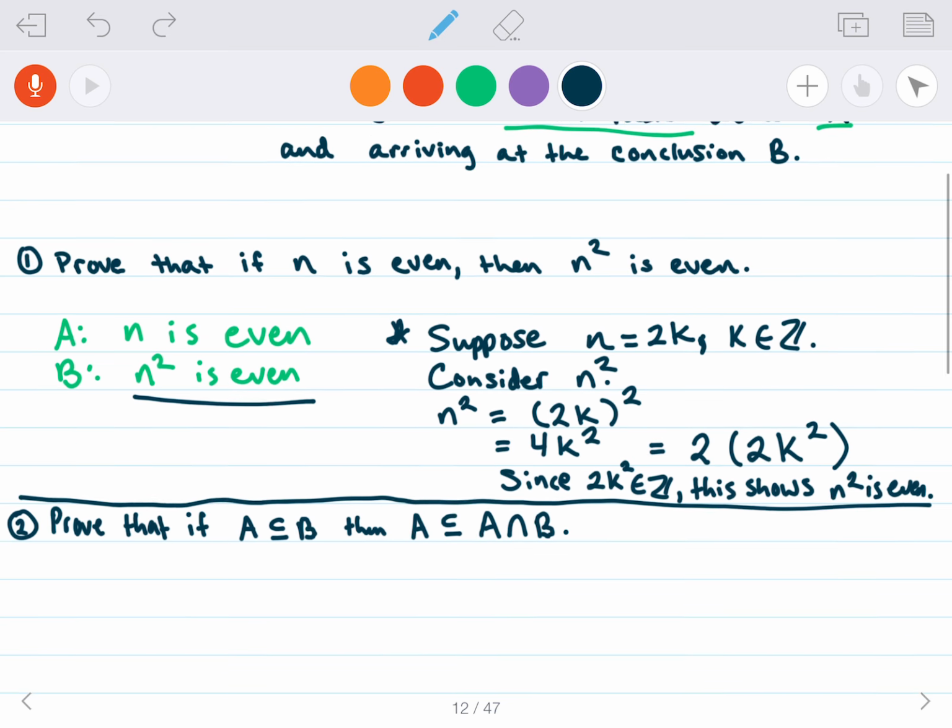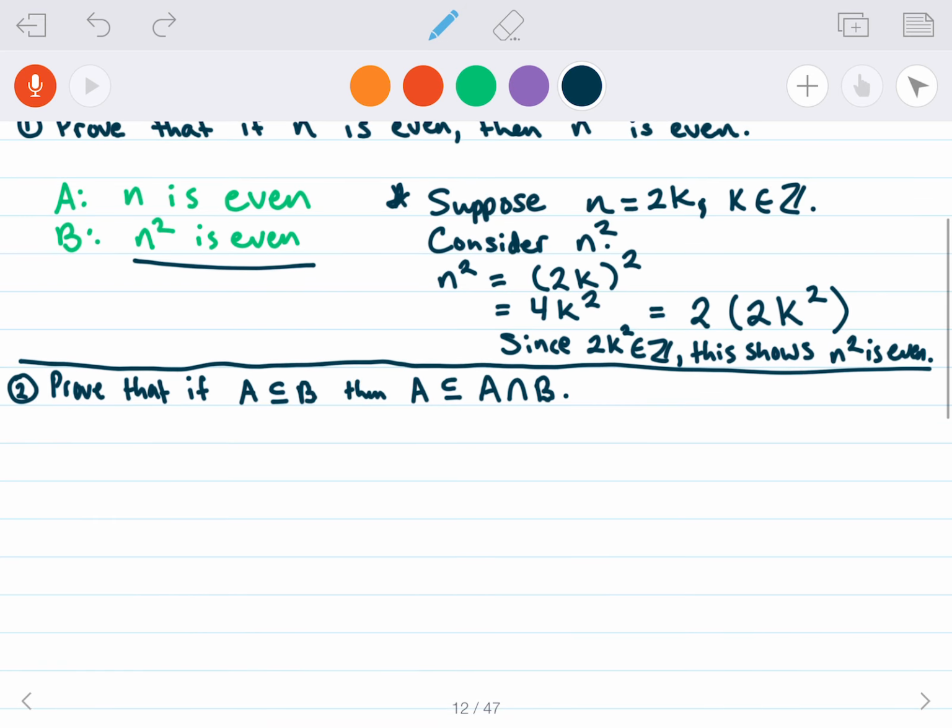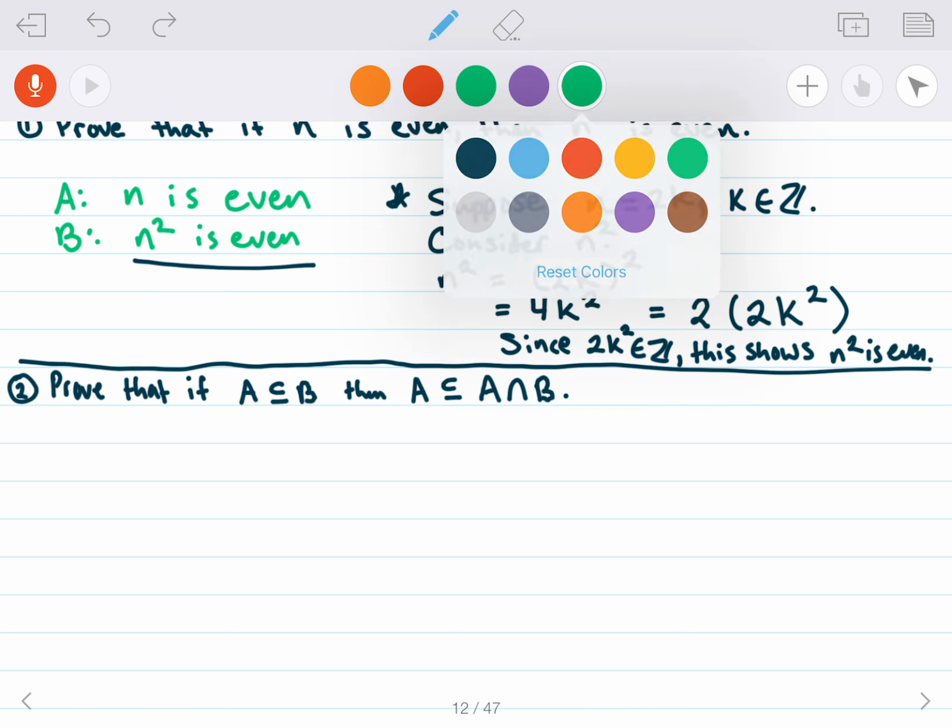Okay. So prove that if A is contained in B, then A is contained in the intersection of A and B. So to do these kind of proofs with sets, you want to use the elements in the set. All right, so first of all, what's our premise and what's our conclusion?